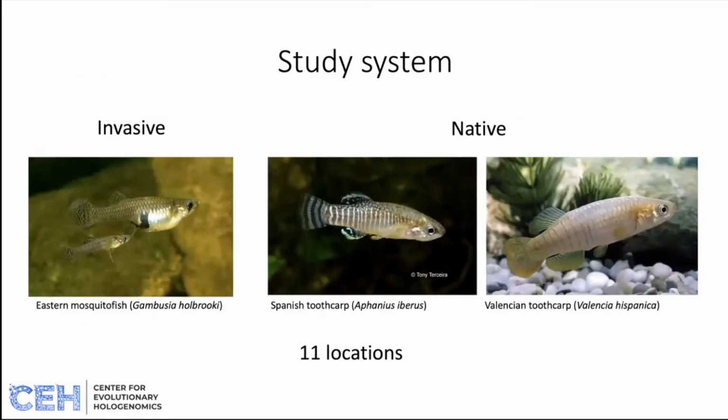To do this, we collected samples from two small species of fish. The first one is the invasive eastern mosquitofish, and the other two species are both endangered and native to the Mediterranean wetlands of Spain. We collected samples from a total of 11 different locations.